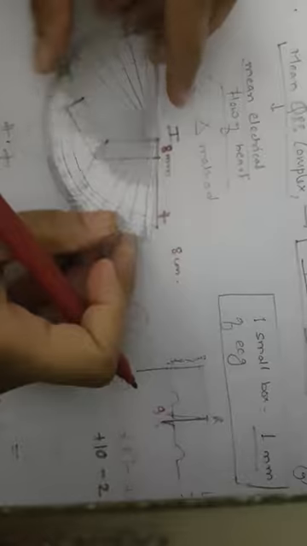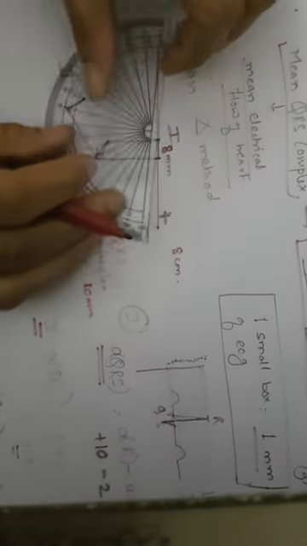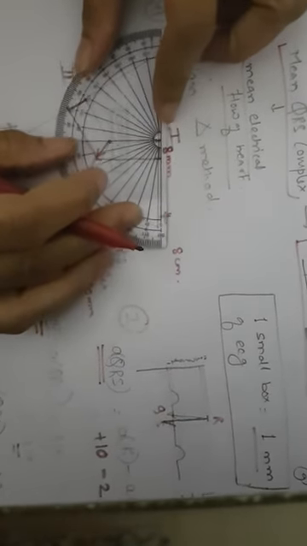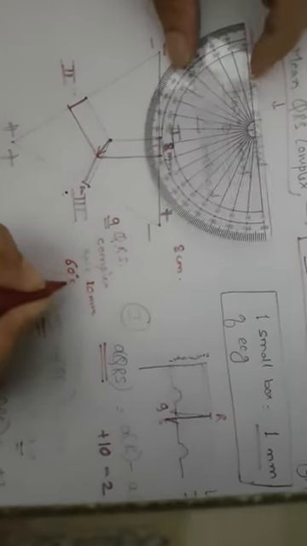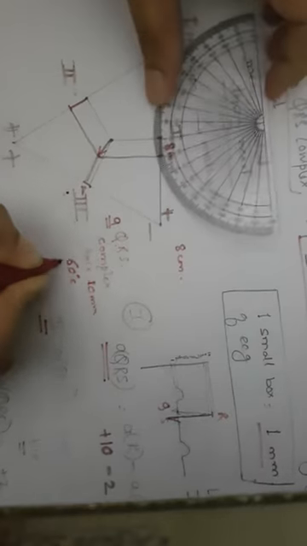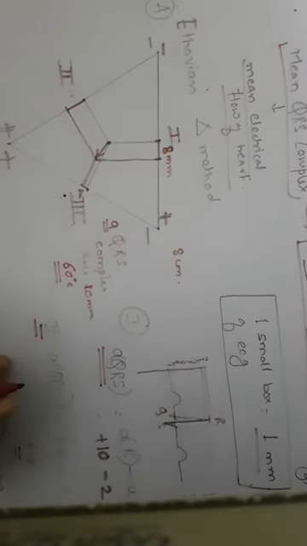And if you find out the angle, you can extend this and accurately you can get the angle. So the angle is around here somewhere, that is 60. Okay, so this is how you can find out the cardiac dipole by using the Einthoven triangle method.